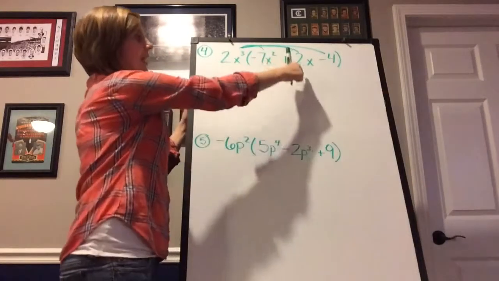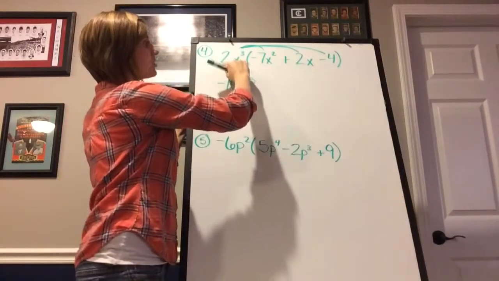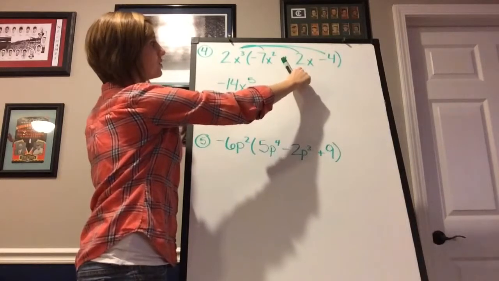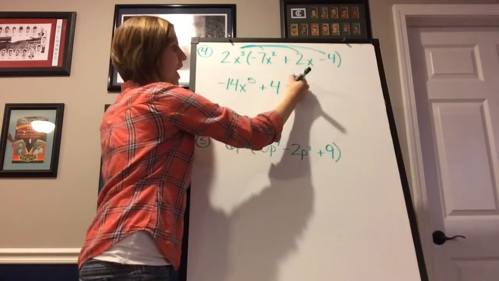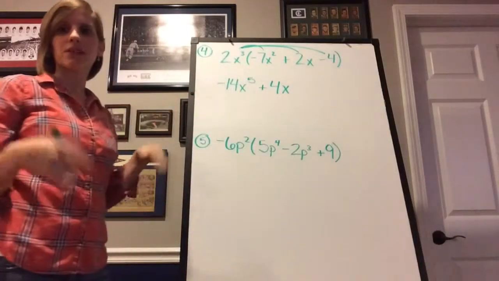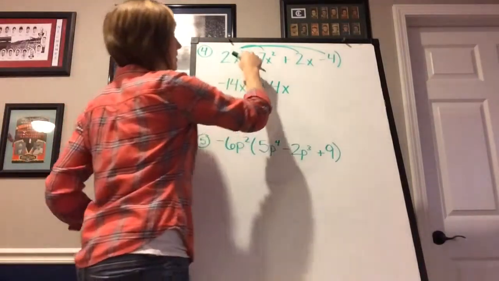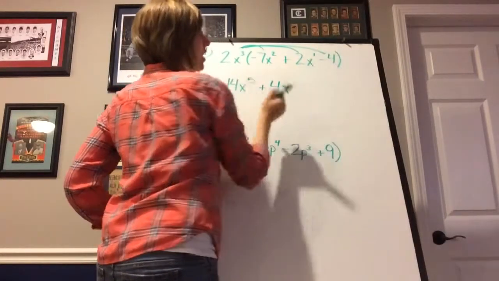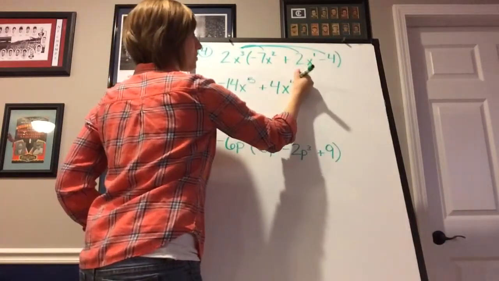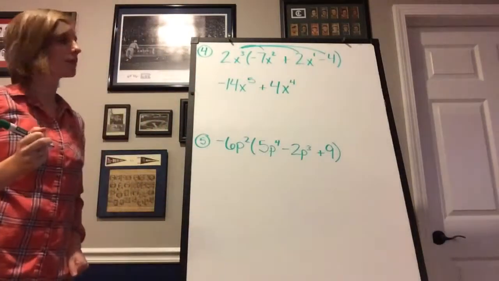For our next terms, we're going to multiply 2 times this positive 2. 2 times 2 is positive 4x, and then add the exponents. That's step 3. Adding the exponents, 3 plus, this one doesn't have an exponent, so we put a 1 there. 3 plus 1 is 4, so it's x to the 4th.